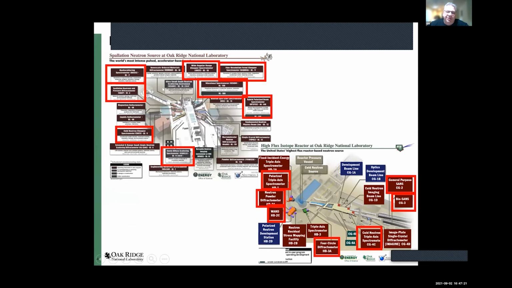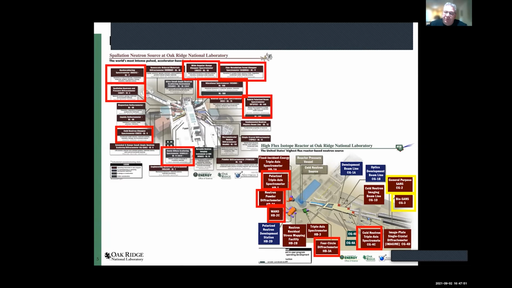So this is a list basically of the instruments at both facilities: the Spallation Neutron Source, the upper left, and the HFIR reactor. And one of our aims is to take high pressure technology and bring it to many of these different types of instruments. So in particular, I'm going to talk about 3 instruments today, but we're trying to bring this technology to many more instruments.